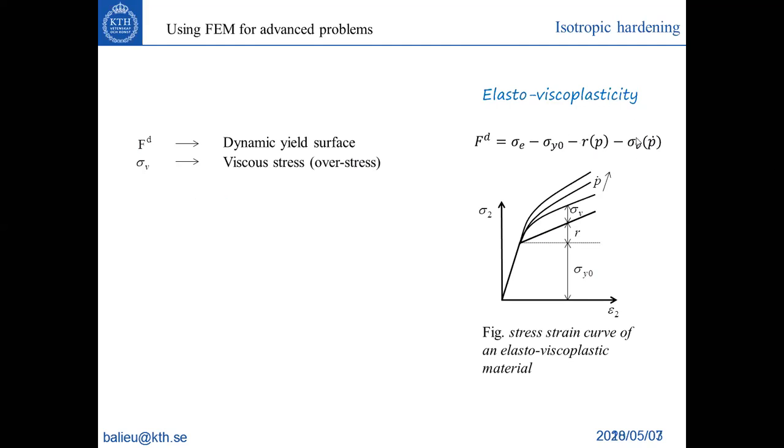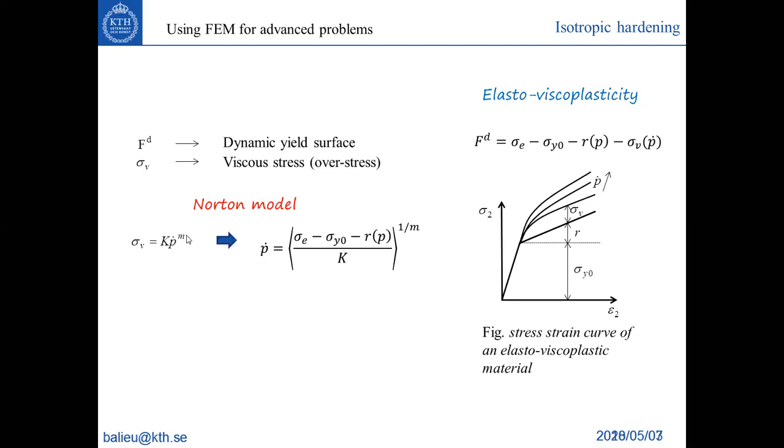There are different formulations for the viscous stress. The first one, for instance, is very easy. You have sigma V, the viscous stress, with two material parameters, K multiplied by the strain rate raised to an exponent.